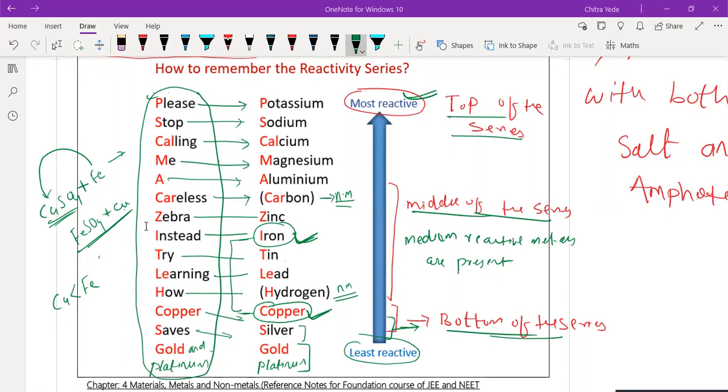It helps you compare the reactivity of any two metals in the reactivity series. That's why you have to remember this sequence.